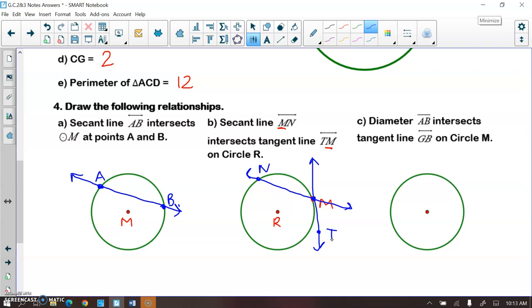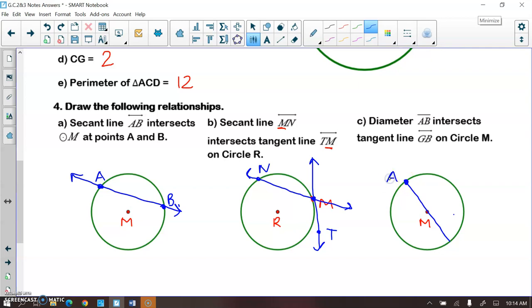And then my next one says draw diameter AB intersecting tangent line GB on circle M. So we have circle M. Diameter AB would mean that it's going through the center of your circle, so it could look like this. A diameter doesn't have to always be horizontal. It could also look like this. Let's make it look like that.